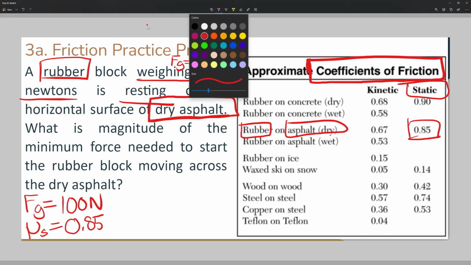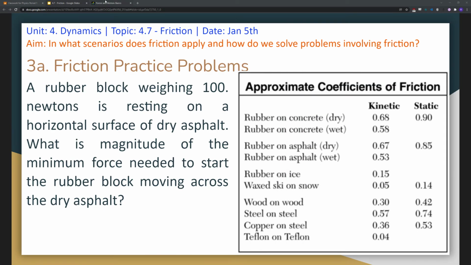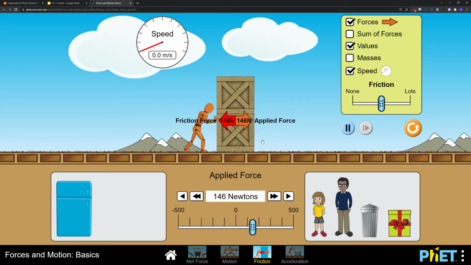Now the question goes on to say, what is the magnitude of the minimum force needed to start the rubber block moving across the dry asphalt? Think back to your lab on Monday. Think back to the simulation. This question is looking for your applied force, right? What is the minimum force needed? Well, if we go back to the simulation, you'll realize that your applied force is always equal to your static frictional force.